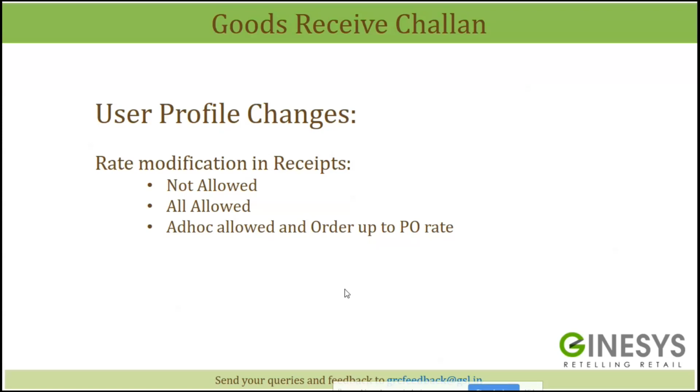User can either set it to not allowed, that is, rate modification is not allowed both for order items as well as ad hoc items, or we can set it for all allowed, that is, modification of rate is allowed to both ad hoc items and order items without any checking. User can either increase the rate or decrease the rate as per his requirement.